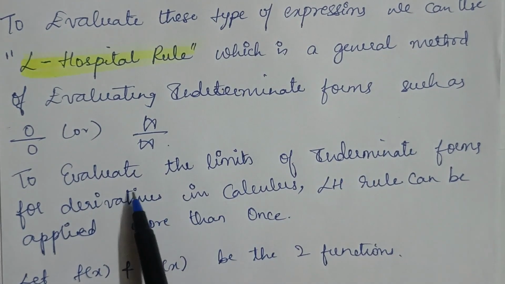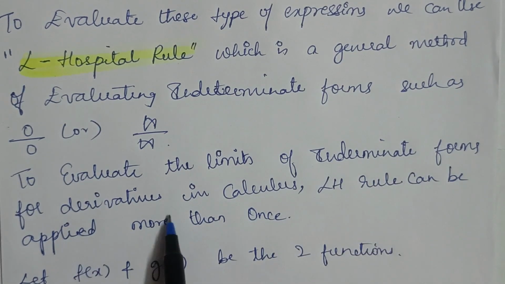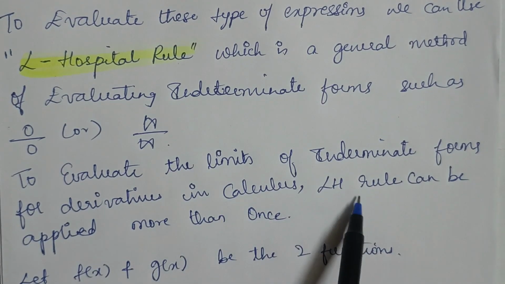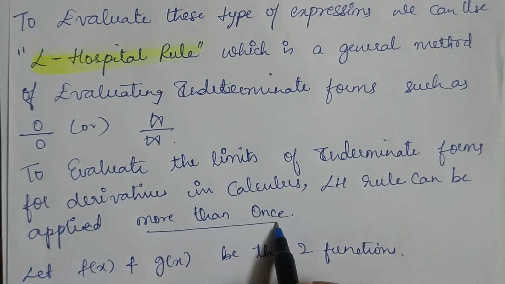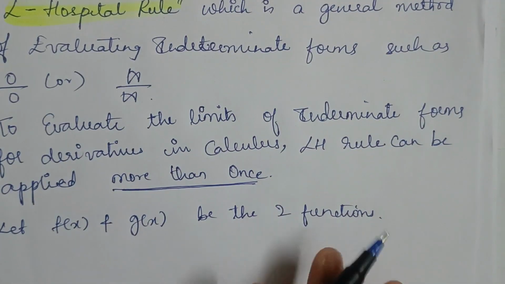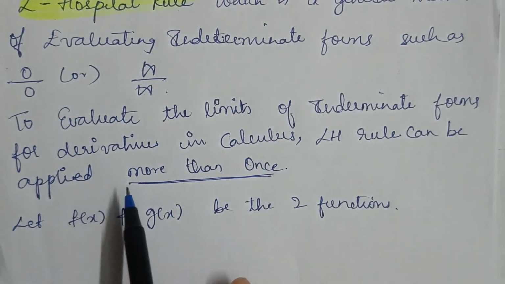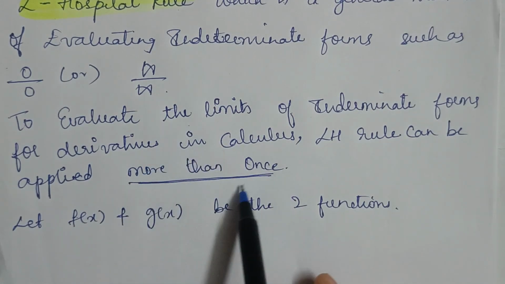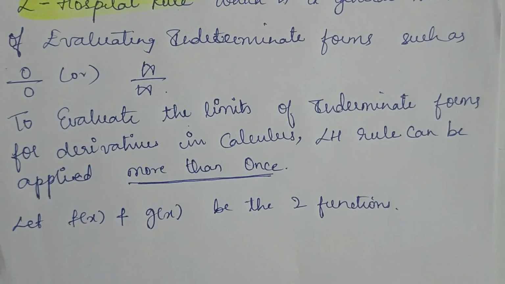As I was saying, to evaluate the limits of indeterminate forms, for the derivative in calculus, L'Hospital rule can be applied more than once. What do I mean by more than once? I'll explain what L'Hospital rule is, and it can be applied more than once. You will get clarity on this as I move forward with the video, okay?